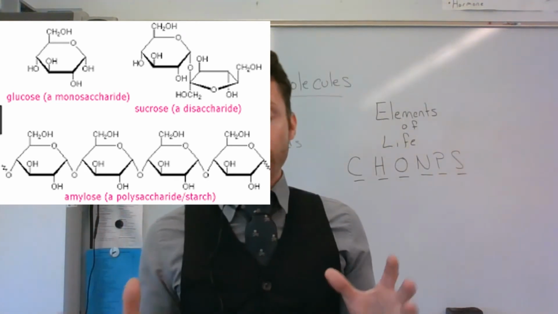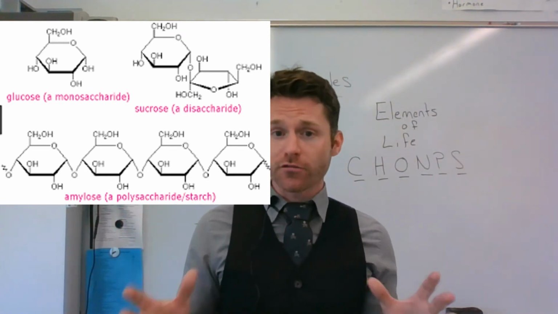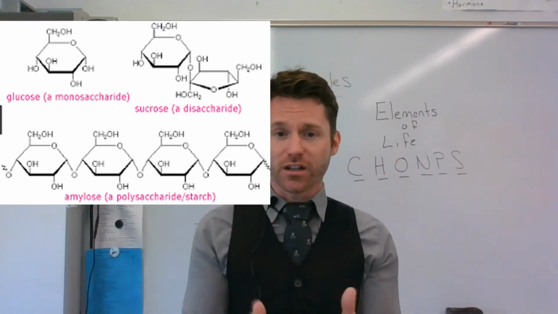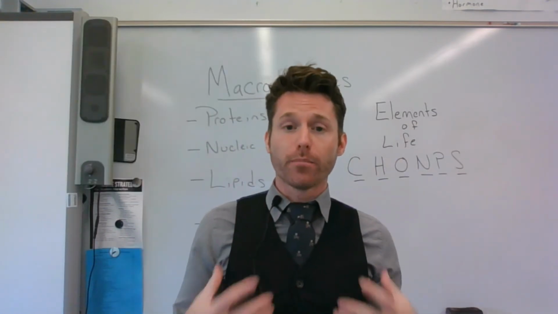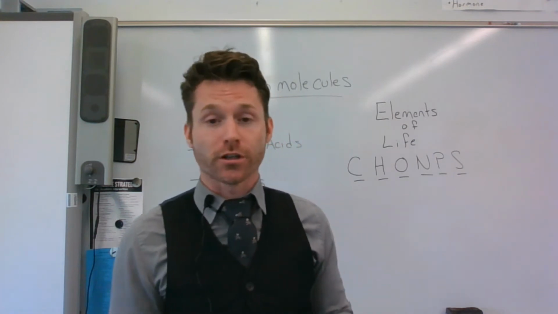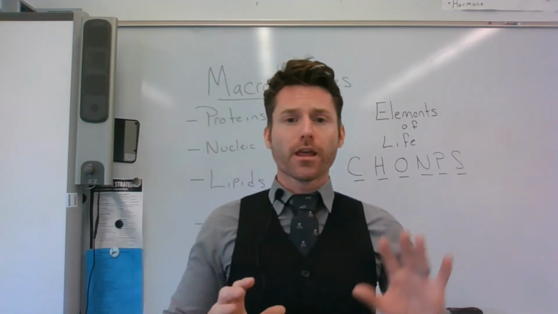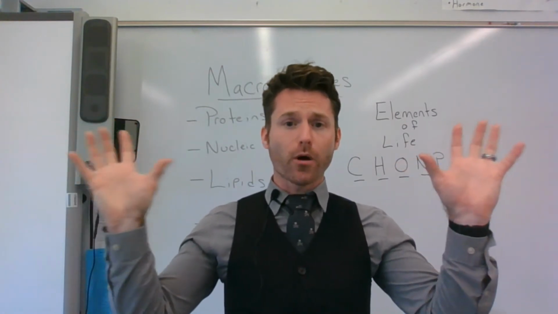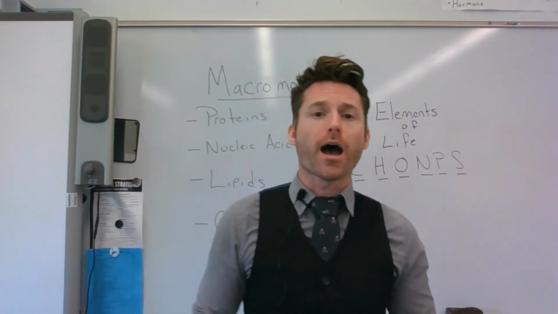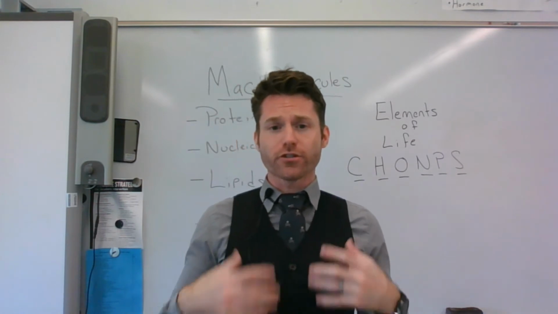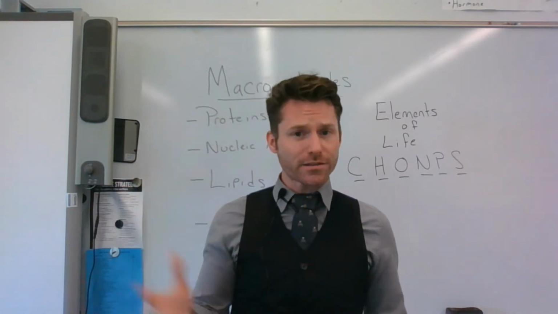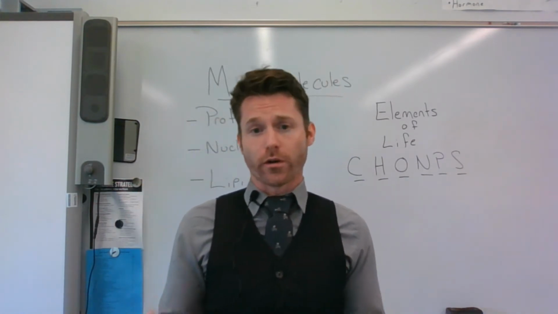And so carbohydrates, in general, as a collective whole, are composed of carbon, hydrogen, and oxygen. And now, there's a couple different forms of carbohydrates. The primary role of carbohydrates for living things en masse is as an energy storage unit.